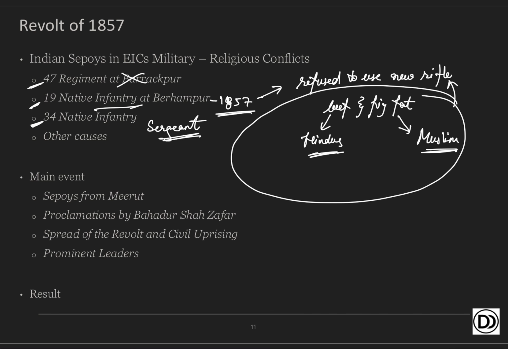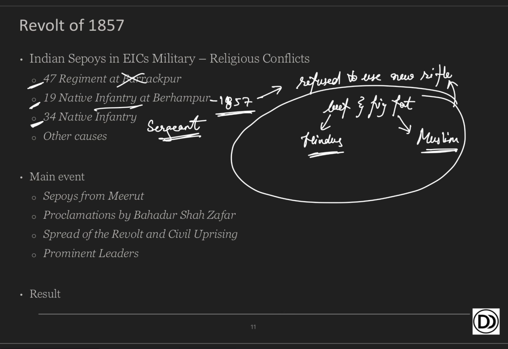So many similar reports were there. Many similar rumors spread. Although they were rumors, maybe they were not. But rumors spread that bone dust was being added in atta, wheat flour. And also there were rumors that under the East India Company, conversions were performed.